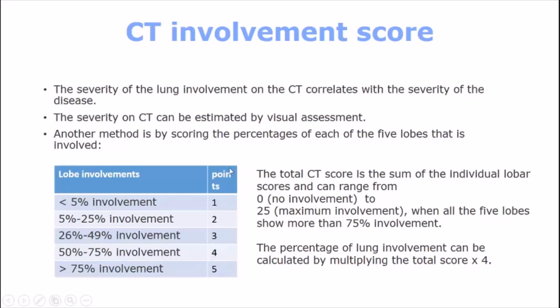So the total CT score will be from 0 to 25. 25 is maximum involvement, which means more than 75% of all lobes of the lung are involved, and the total lung involvement can be calculated by multiplying the total score points of all lung lobes by 4, and you will get the percentage of the lung involvement.